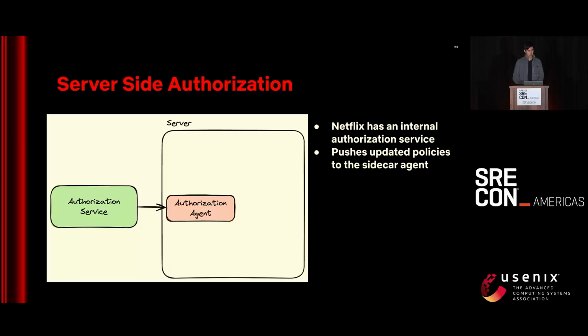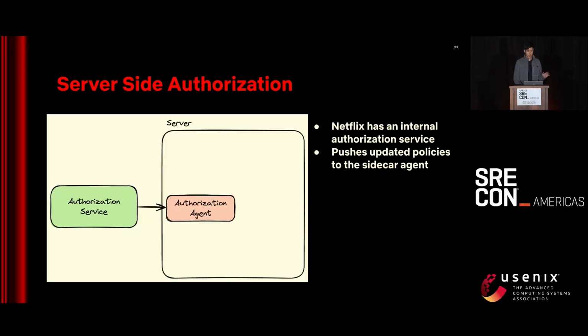So Netflix has an authorization service. Basically, this authorization service contains all the different policies of each different server, each different cluster of cache. It knows, okay, this user is allowed to read this cache, and this app is allowed to write to this cache. So it pushes all these policies onto the relevant servers and onto the authorization agent.